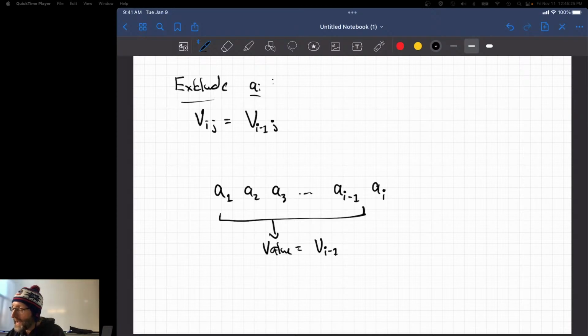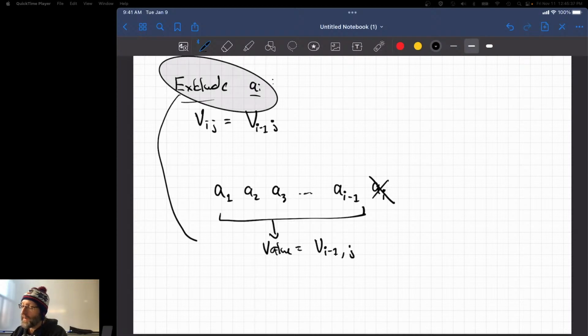And since I'm not taking A sub I, I still have a weight capacity of J. Okay? So if I exclude A sub I, then that gives me this value right here, if it's infeasible, or if I choose not to take it.